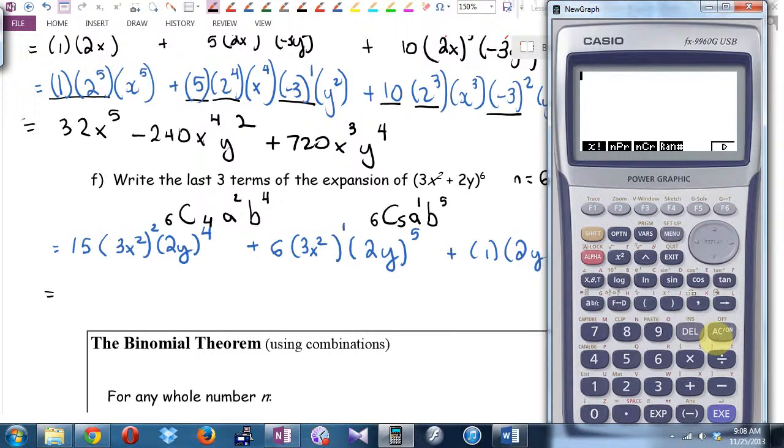In the first term, what's the first thing you see? First number, 15. Any exponent on it? No. Okay, so 15 times bracket. What's the next number that you see? 3. Is there an exponent on it? 2.